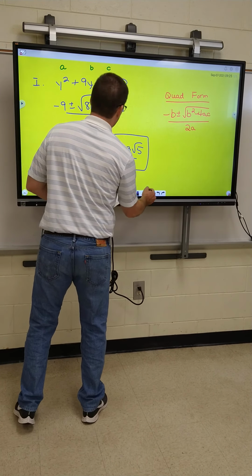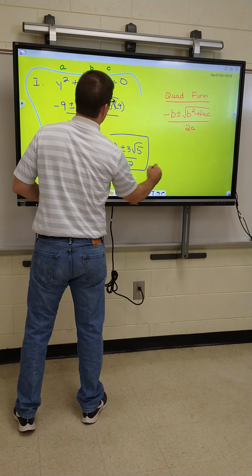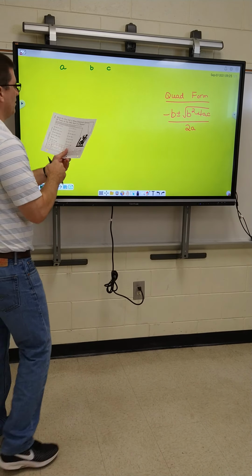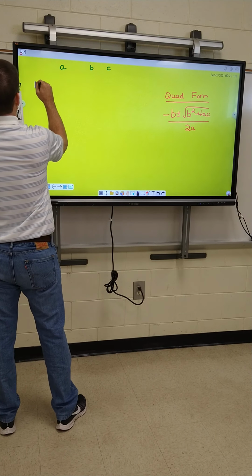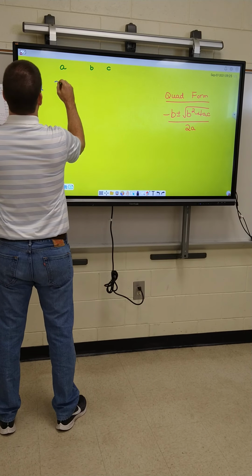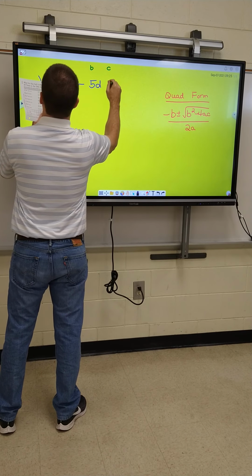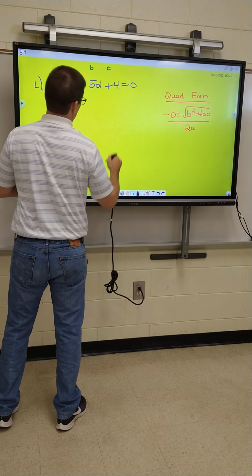Let's do problem L, right column, third from the bottom. 2d squared minus 5d plus 4 equals 0.